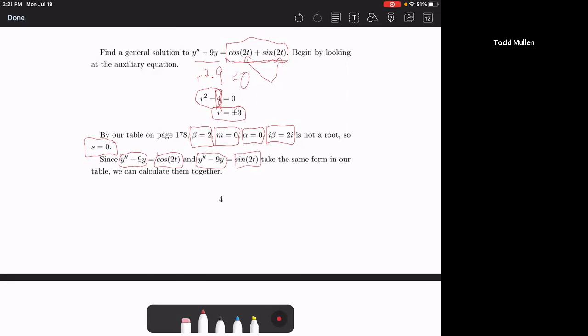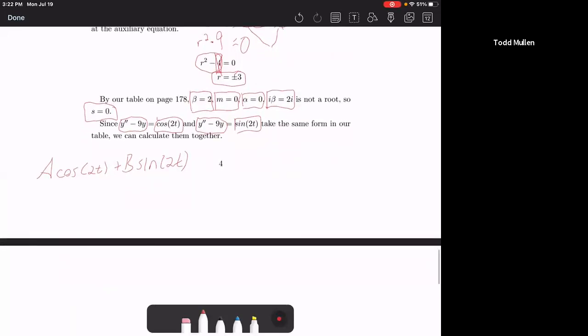What we mean by that is they're both going to have some sort of solution that looks like a times cos 2t plus b times sine of 2t. So there's no point in calculating them both separately and then just adding the results together, because that's twice as much calculating. Let's just jam them all together and calculate it all at once. So rather than calculate both of these separately like we did with the previous example, we're going to do them all at once.